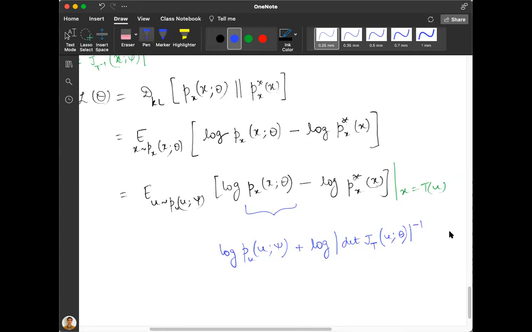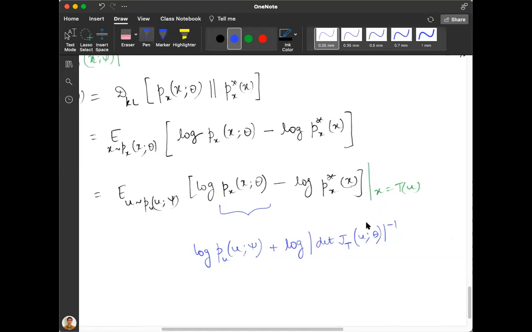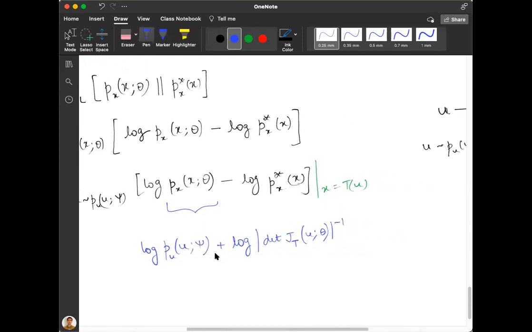Yeah, you know that now this inverse can come in the front also, but anyways, this term can be written like this. And this term is P star X of simply T of U. You can put your X as T of U. So here you will say this X is simply equal to T of U.